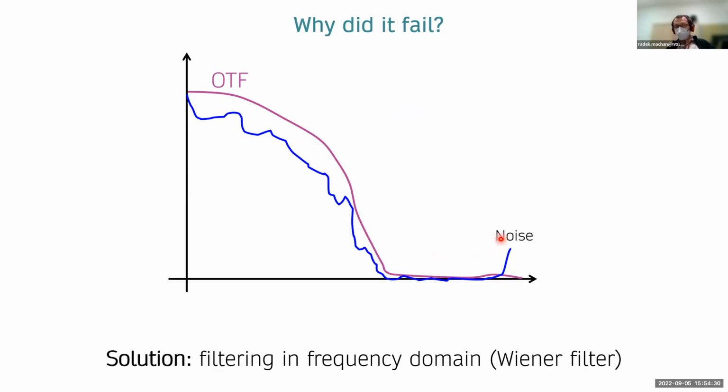The solution is that we need to do some filtering in the frequency domain so that we only amplify the meaningful information and avoid amplifying noise. That is usually called the Wiener filter, after Norbert Wiener, and it doesn't apply only to deconvolution in the frequency domain, but to any techniques which use frequency domain processing, such as structured illumination or area scan processing.